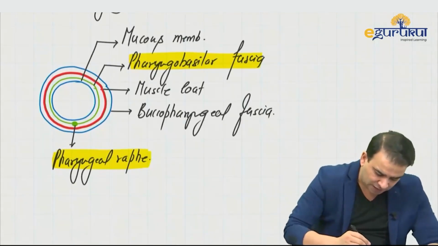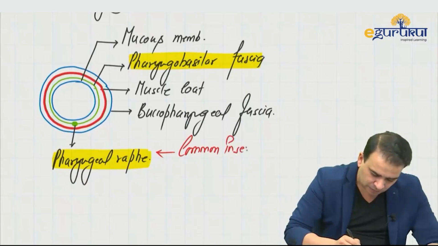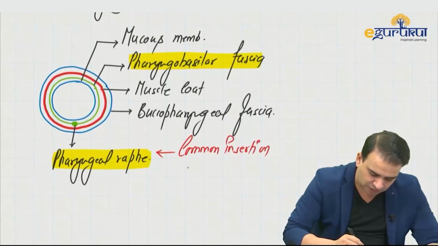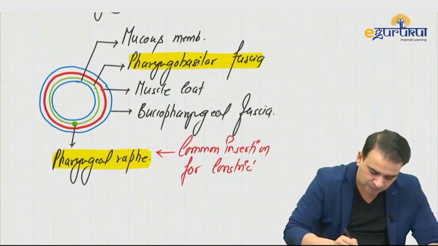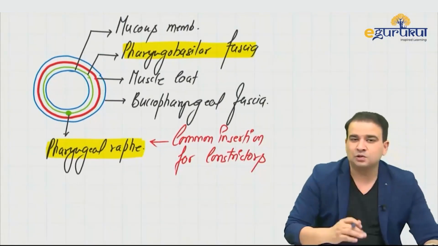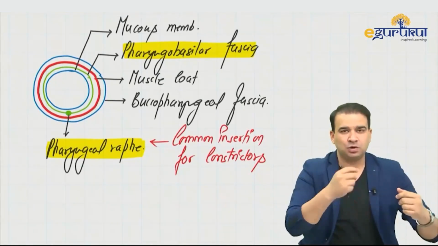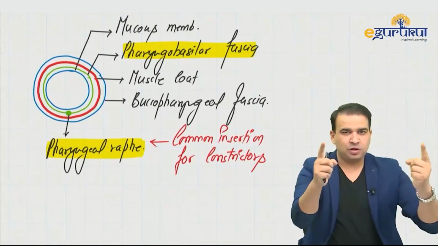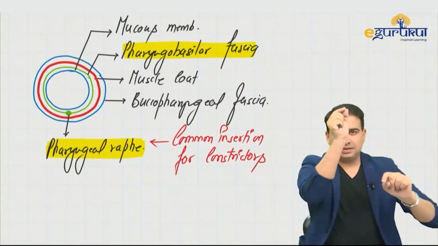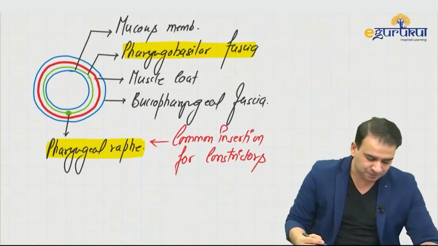What is the importance? This pharyngeal raphe is the common insertion for all the superior, middle, and inferior constrictor muscles. They have a different origin, I'll talk about those origins also. But when they come posteriorly, they are attached to this one line that is called the pharyngeal raphe.